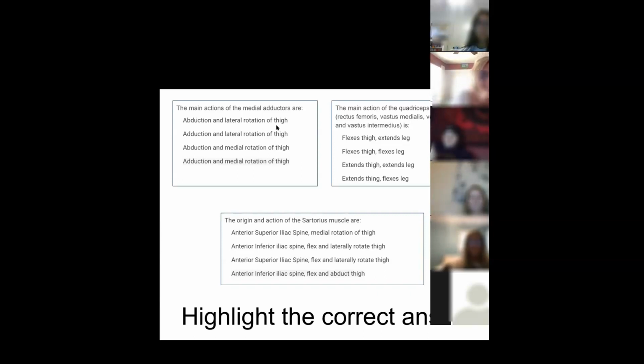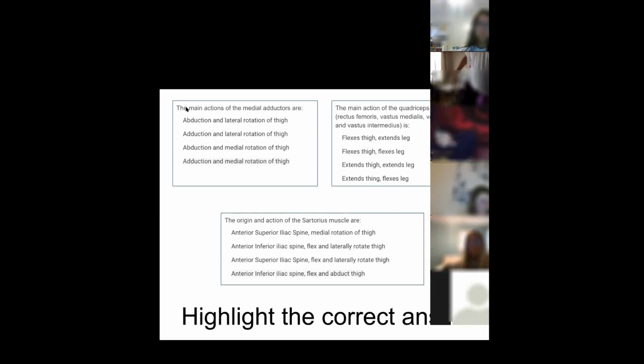And then the origin, so Sartorius is that diagonal one across the leg. I know it's coming from the superior iliac, so that's going to narrow my choices to A and C, if they had letters. And that's that up and out one. It pulls it like this, up and out.